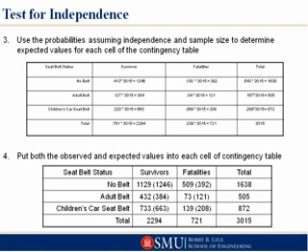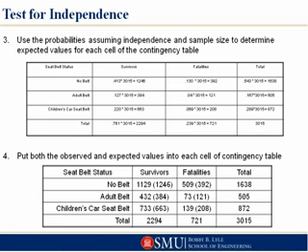So use the probabilities assuming independence and sample size to determine expected values for each cell in the contingency table. So that would be the 0.413 times 3015, and you would have expected to see 1246 in that first cell, no belt and survivors. But what we actually saw was 1129.